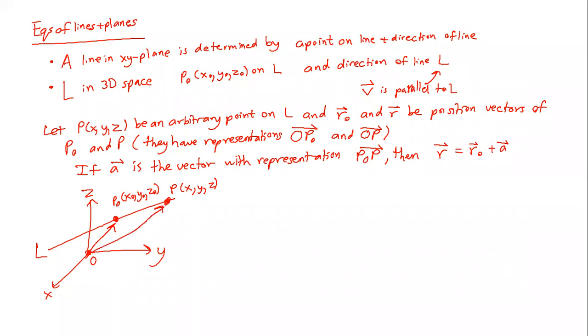And so OP0 is r0, just like it says right here. And then from O to P is going to be r, like it says right there. And this vector then that goes from P0 to P is going to be A. So then we say that the r, which is over here, is equal to this original one, r0 plus A.